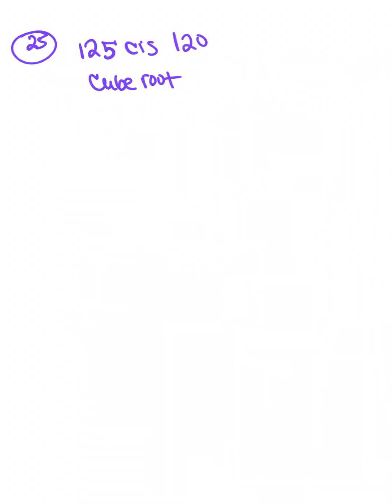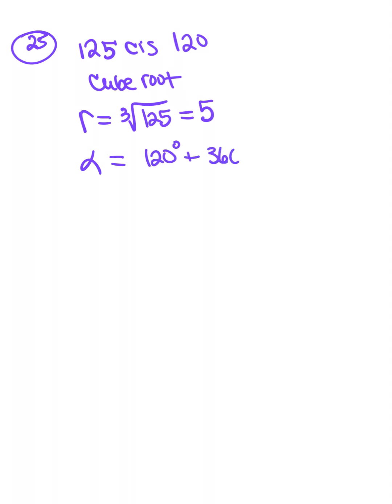So here, to find the cube root of 125, to find r, the cube root of 125 is 5. So alpha is equal to my theta, which is 120 in this problem, plus 360k, divided by, since we're doing the cube root, 3.